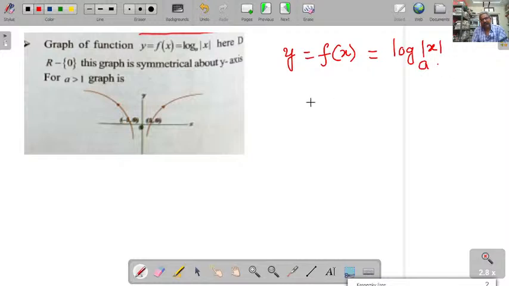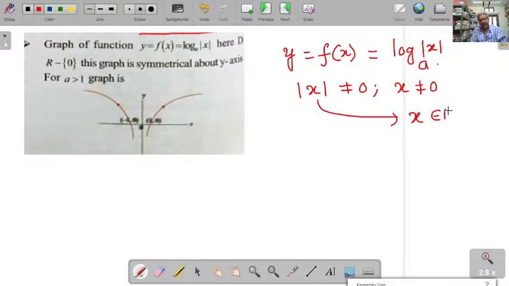Mod x should not be equal to 0, that means x does not equal 0. So x can have any real value, but not 0. That means R minus 0. This is the domain of this function.